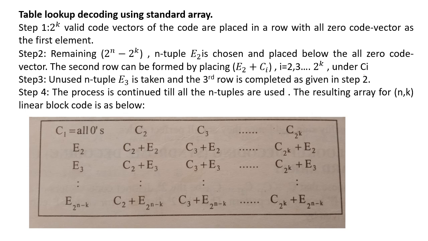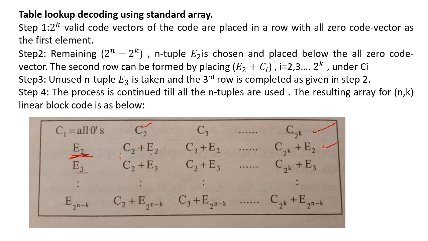So here in this table we have the first row with all possible code vectors. Next we define some error E2 and fill the second row with the first valid code vector C2 XOR this particular error E2, and complete the second row.